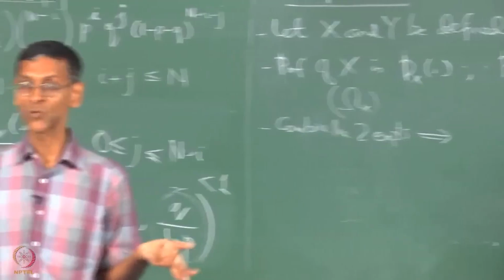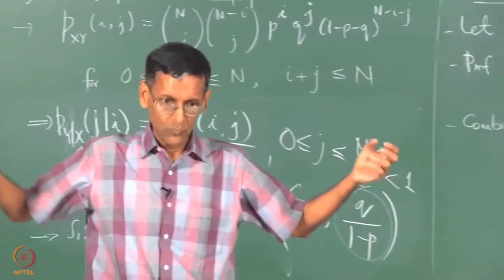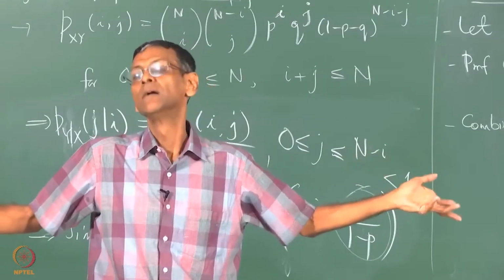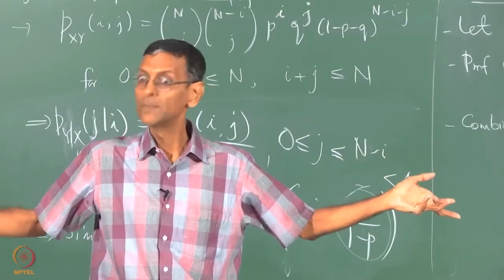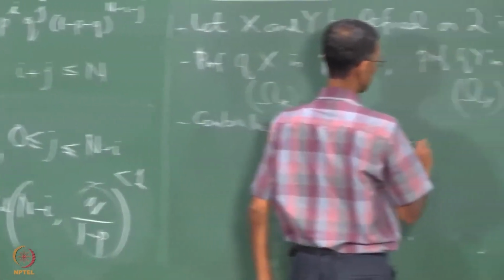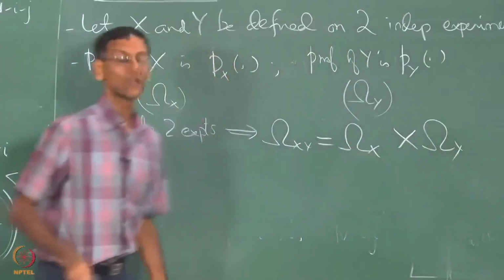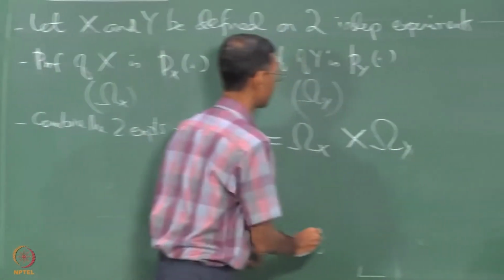Always omega x cross omega y, because in this case the one experiment does not in any way constrain the other one, because they are independent. So omega xy must be omega x cross omega y. So you have a nice rectangular grid of points in omega xy.